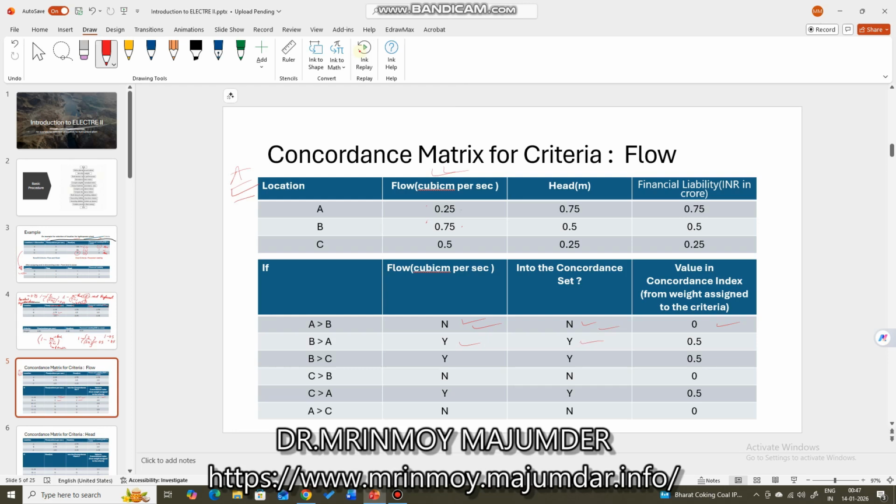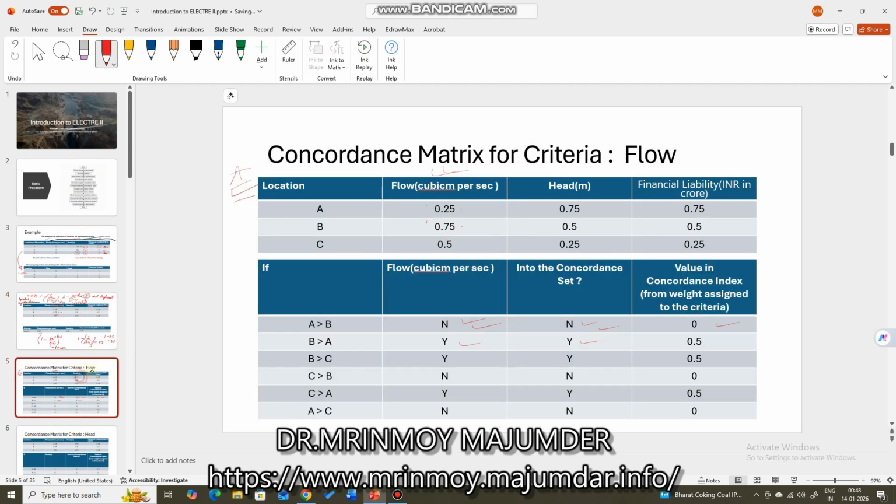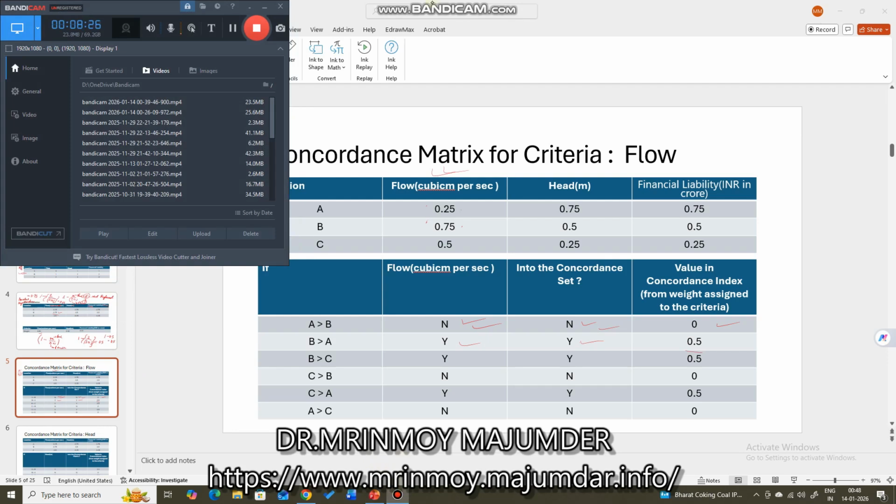So what is the weightage of criterion flow? You see, it is 0.5. So that is why I have written here 0.5. Is it clear? Okay.